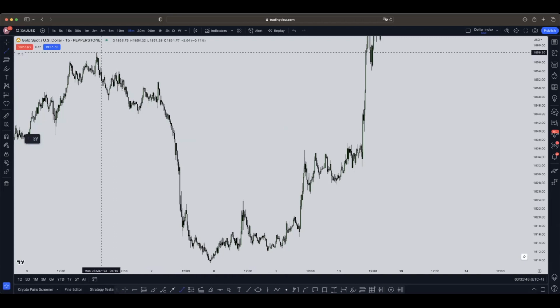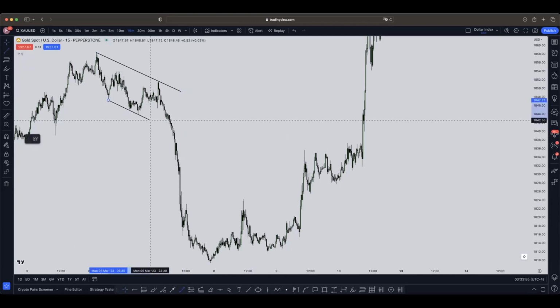Simple: this one to that high, this low to this low. Why? Because this high is connected to this low, one, and this low is connected to this high, two. The connections are symmetric in nature. Therefore, if you're going long, this is your ultimate target.